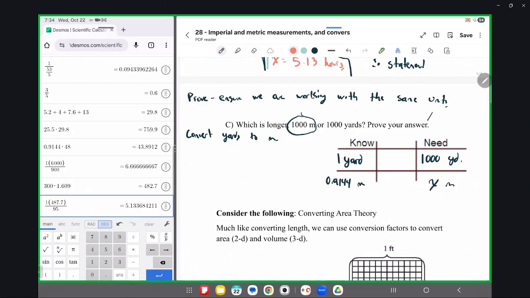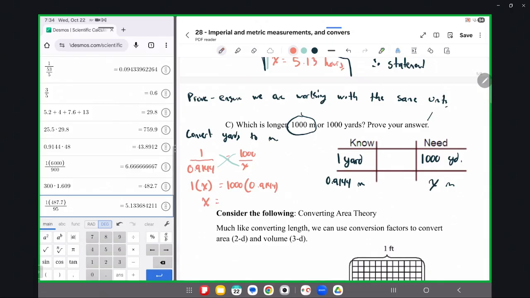And so the ratio we're interested in solving will be 1 divided by 0.9144 is equal to 1,000 divided by x, using the means and the extremes. 1 multiplied by x is equal to 1,000 multiplied by 0.9144.